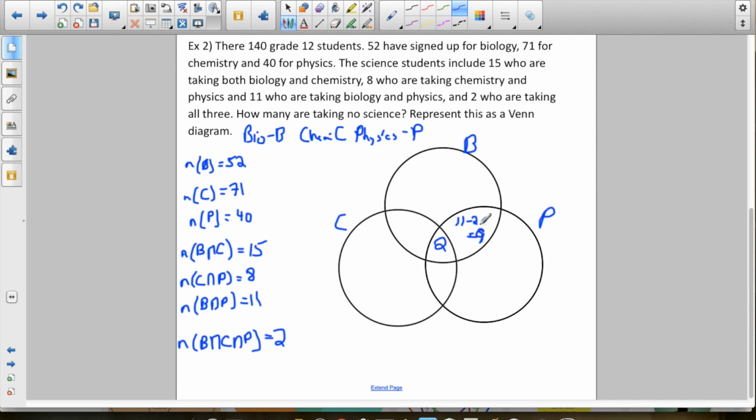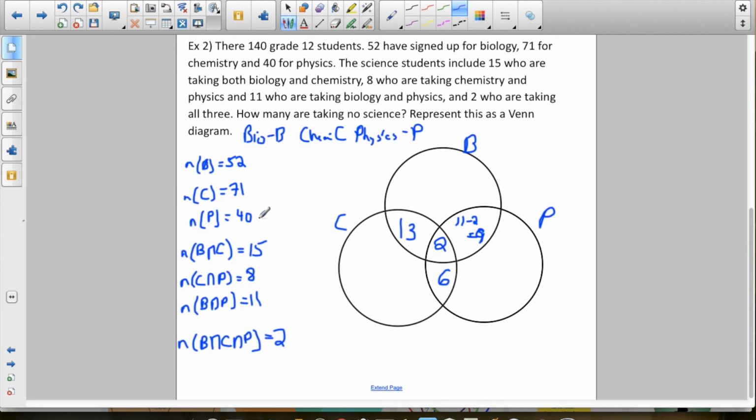So 9 plus 2 gives me all of the intersecting parts. If we go to the next one, chem and physics, down here is a total of 8, but I've already put 2 in, so I put 6. Bio and chem, subtract 2 from 15 gives me 13.